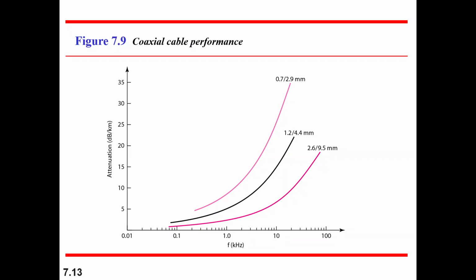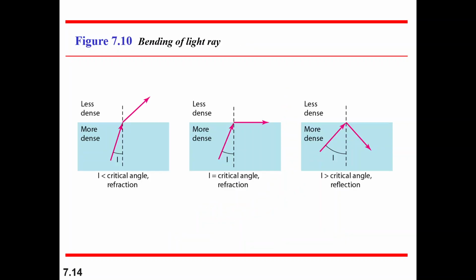The 10BASE2, or thin Ethernet, uses RG58 coaxial cable with BNC connectors to transmit data at 10 Mbps with a range of 185 meters. The 10BASE5, or thick Ethernet, uses RG11 thick coaxial cable to transmit 10 Mbps with a range of 5000 meters. Thick Ethernet has specialized connectors.